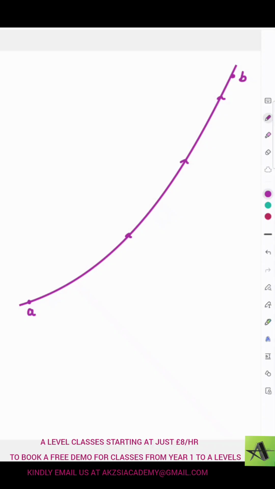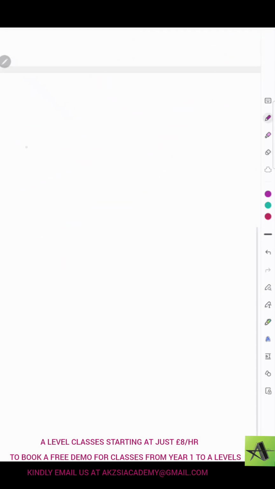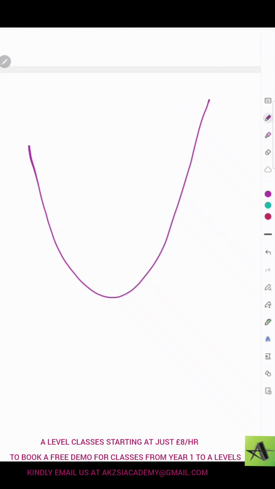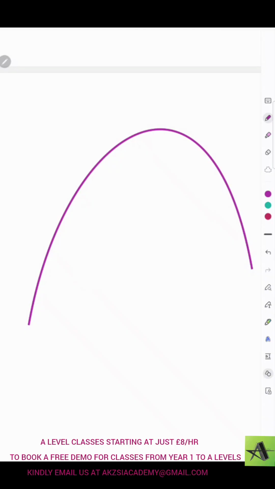Say, for example, let's say this is the function, this is our parabola. Let me just draw it upside down. In this case, it's divided into two different parts. If I divide like this, I can clearly see the left part is increasing continuously, whereas the right part is decreasing continuously.